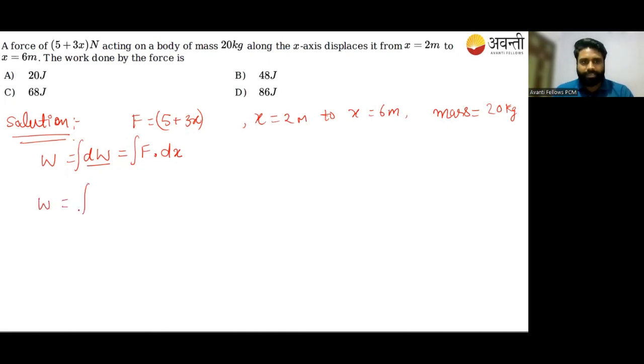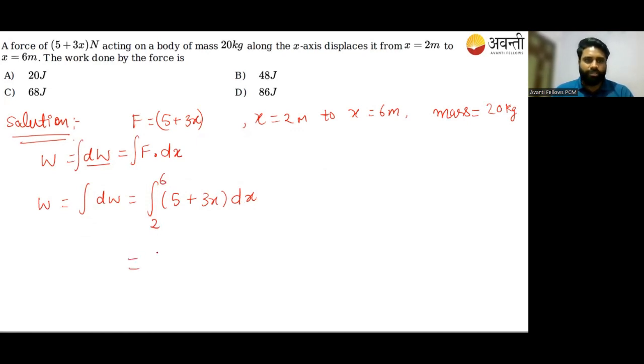So here the work is the integration of dW, which is the integration of F, that is 5 plus 3x, into dx. We have the limits of this dx, which is x equals 2 to x equals 6.